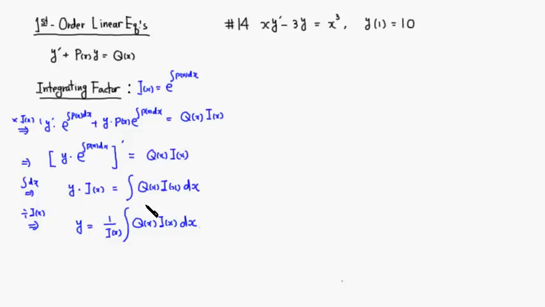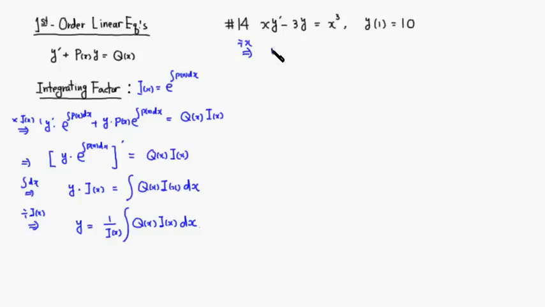Let's do a concrete example. It's problem number 14. The equation is x times y prime minus 3y is equal to x cubed, and there's an initial condition there. First, we need to divide through by x so that the coefficient of y prime is just 1.